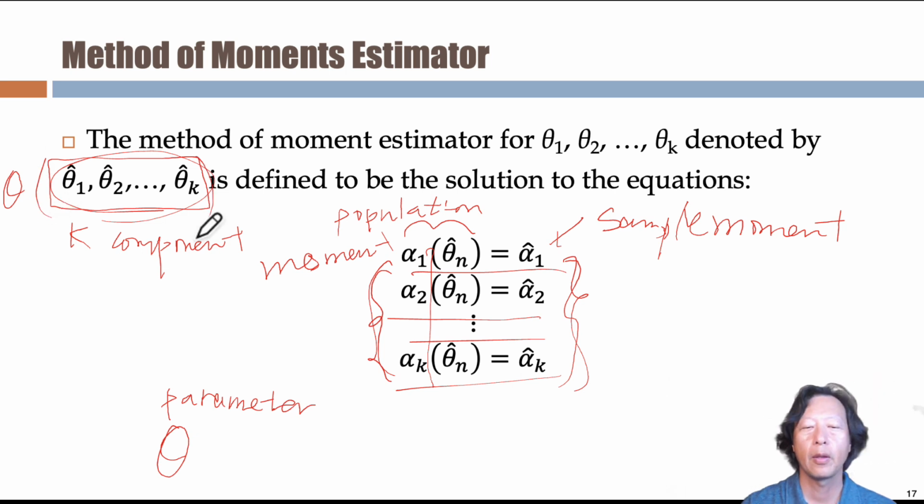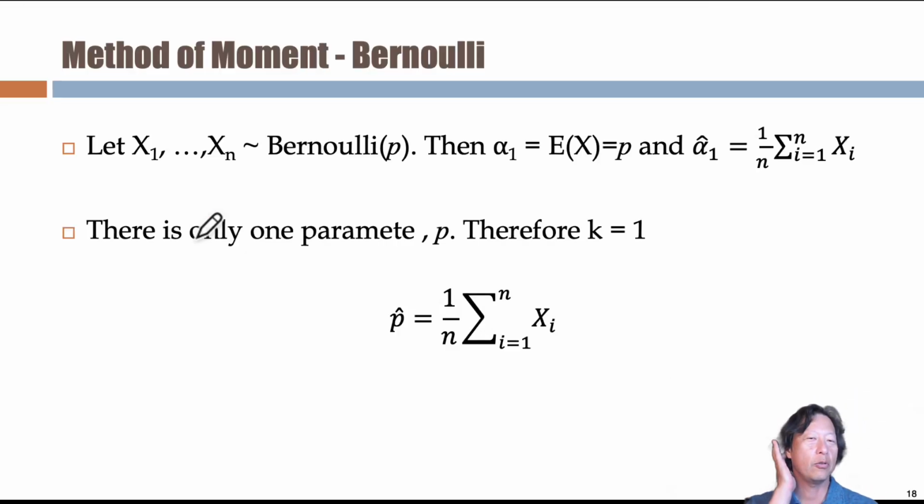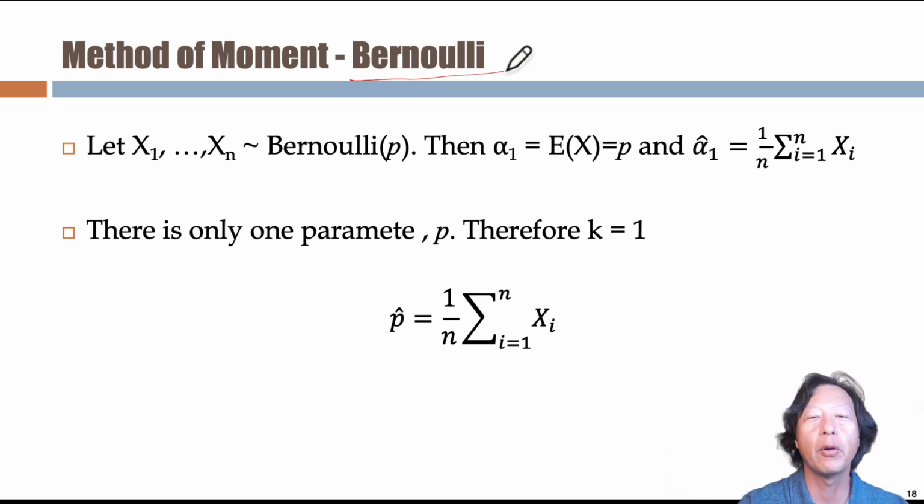Okay. So when we talk about the theoretical thing using alpha and theta, it's not clear what we are doing here, right? So let's use an example. Method of moments in the Bernoulli case.